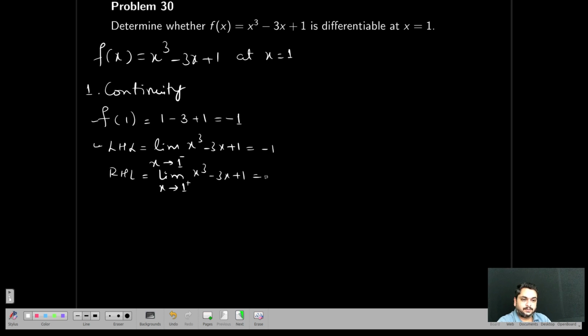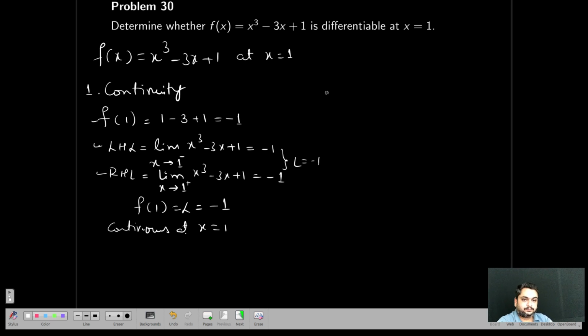So this is again minus 1. And then f of 1 is equal to LHL equal to RHL, this is L equal to minus 1. Therefore, f of 1 is equal to L is equal to minus 1. Hence, it is continuous at x equal to 1.